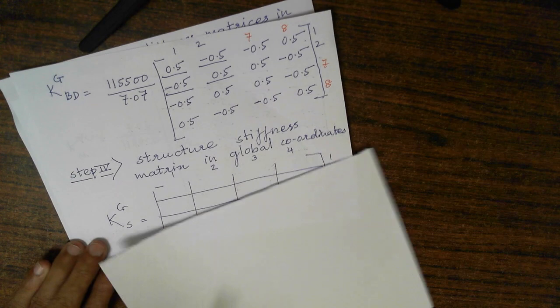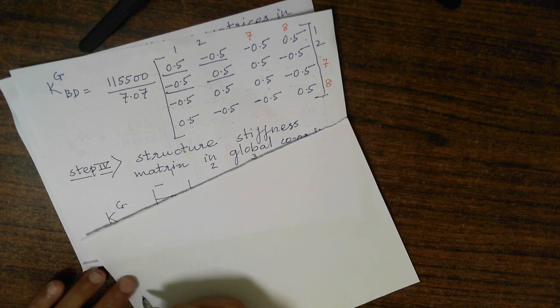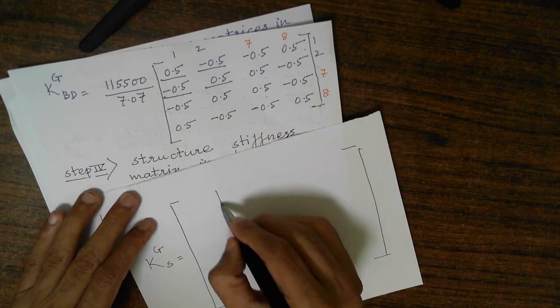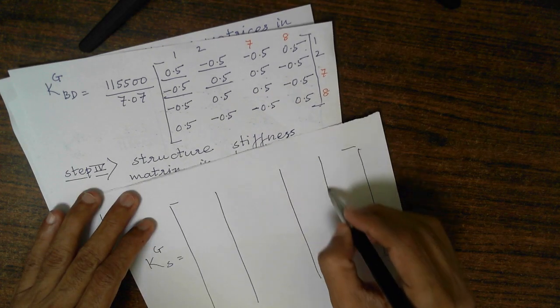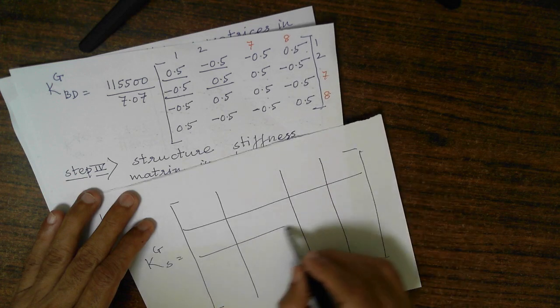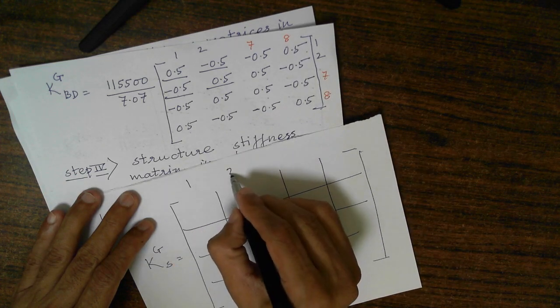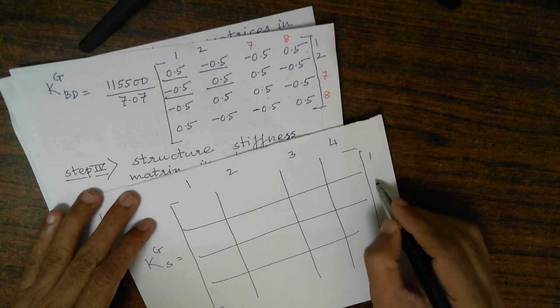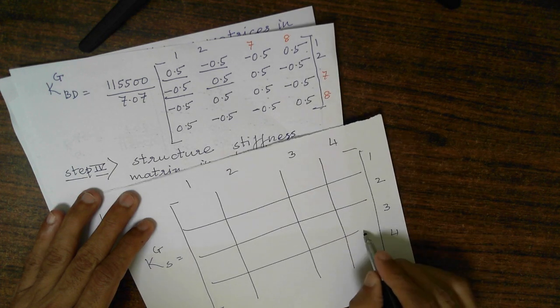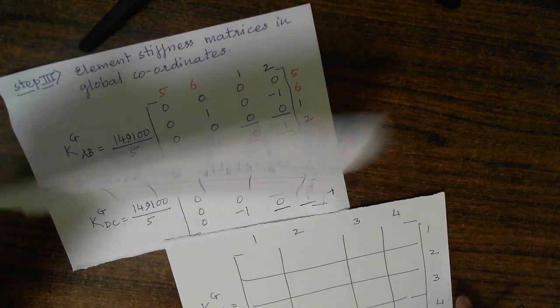I will write it on different paper. So K global structure is equal to, I am writing this 4 by 4 matrix, and I will assemble this matrix by mapping the elements from all the elemental stiffness matrices. This is 1 2 3 4 by 1 2 3 4. Now I am just mapping it from all the elements. My first element under consideration is AB. What do I need to map? First row, first column 0.